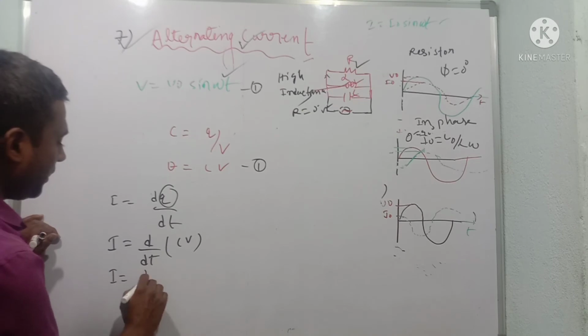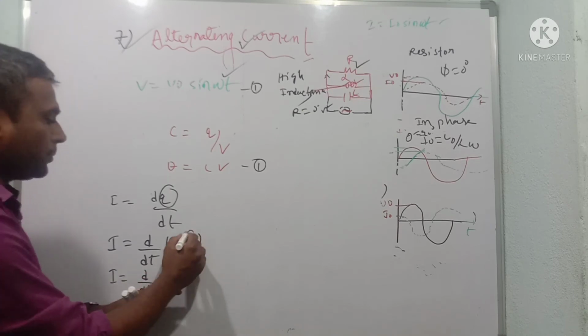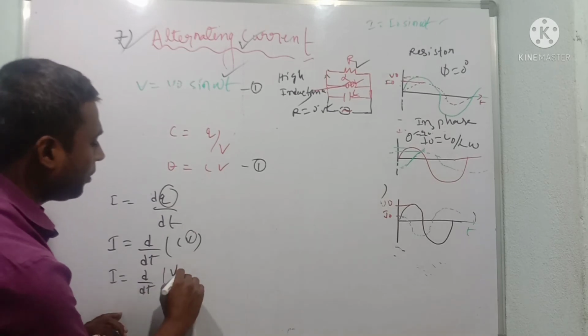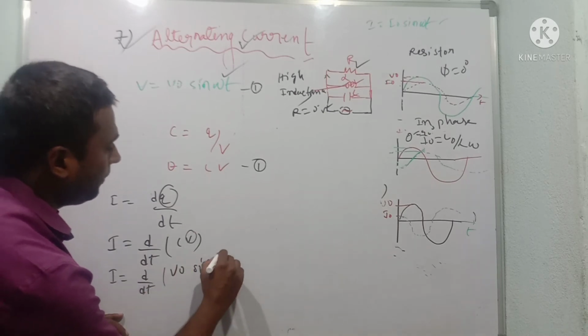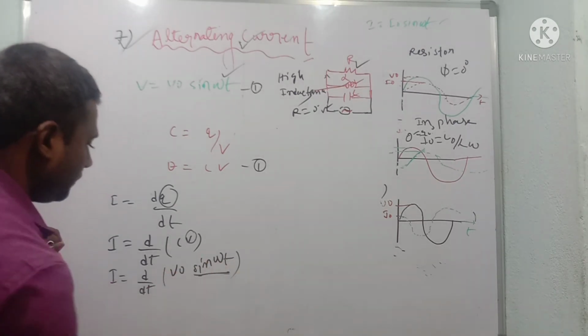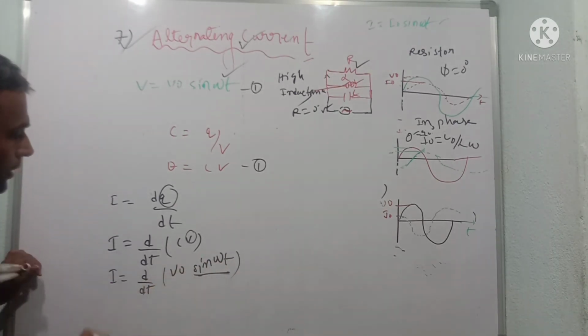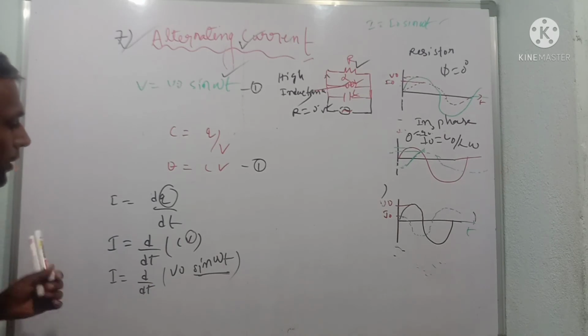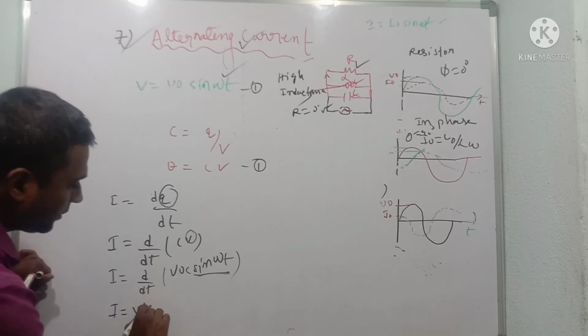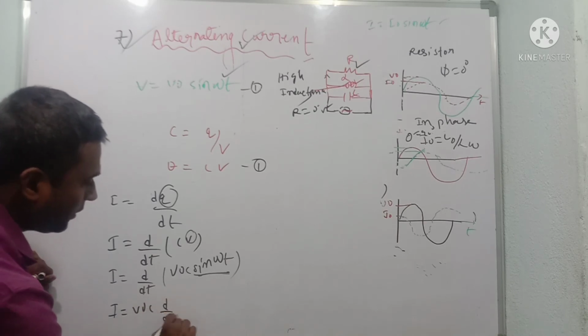Now d by dt of, students substitute the value of V, that becomes V naught sine omega t. V naught sine omega t we got. Now V naught and C I'll take outside. I is equal to V naught C d by dt, differentiation we are doing.